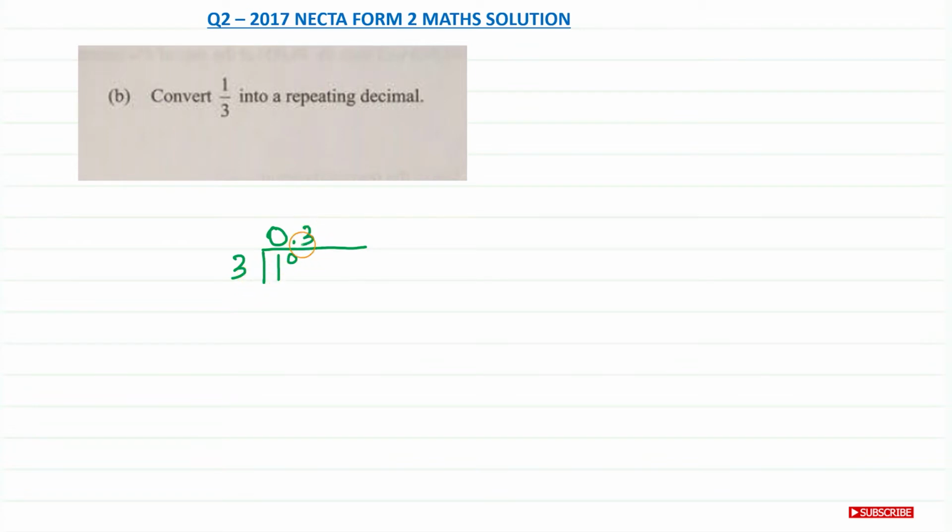There are 3. And what's the remainder? The remainder is 1, because 3 times 3 is 9. I put another 0, then I get another 10, and another 0, and then another 10, and this goes on forever. So the way we write this as a repeating decimal or recurring decimal is 0.3 with a dot on top.